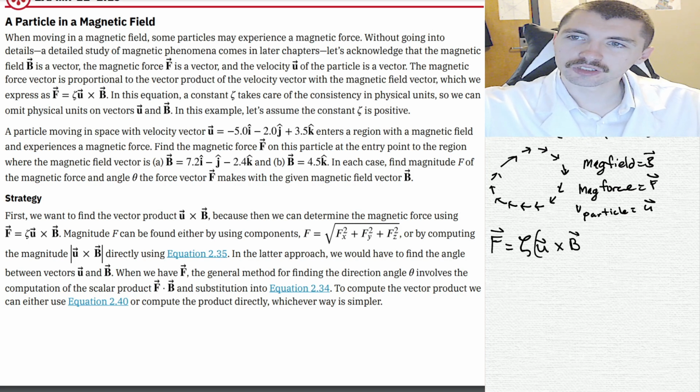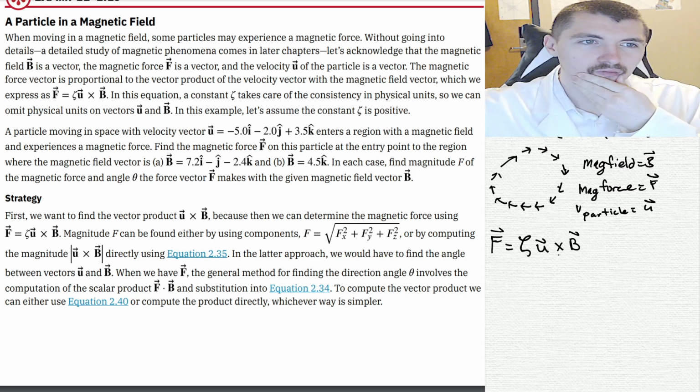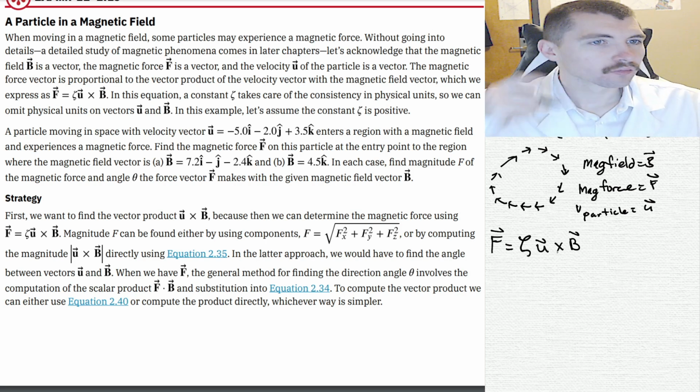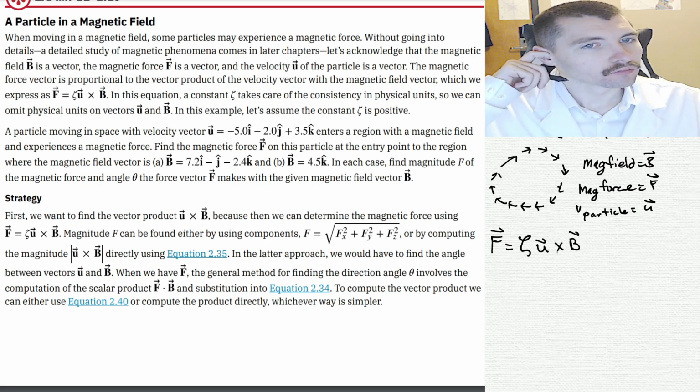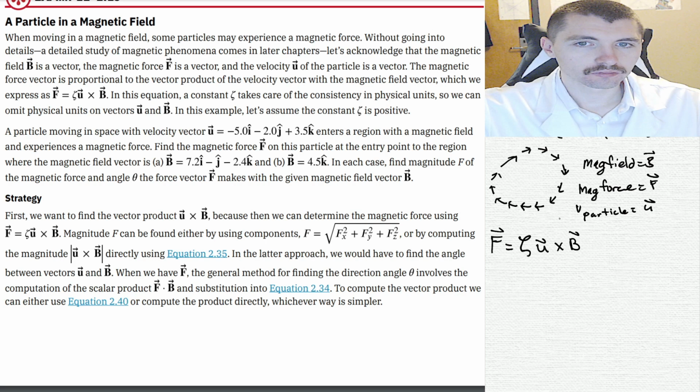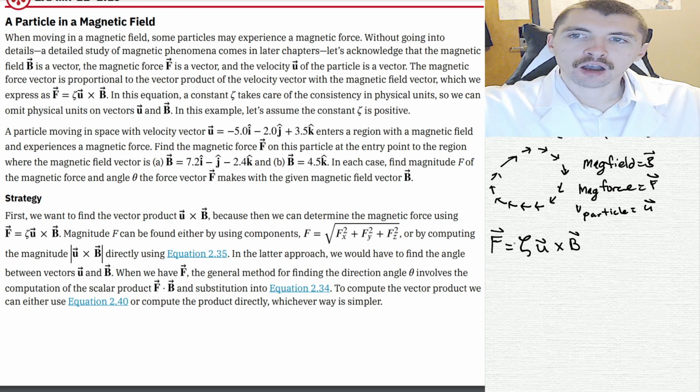So I wonder if it's like this or if it's this. The book does not really make it clear. This is positive.